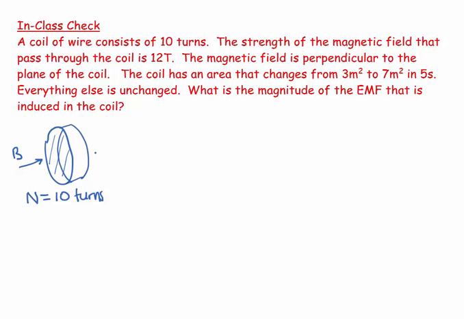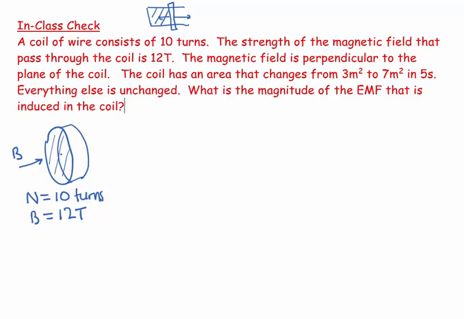So my B is equal to 12 Tesla. And then I have an area, and somehow I have a mechanism by which I can make this area get bigger or smaller. And in the book it talks about basically having a slidable rod, so this rod can move backwards and forwards, and so the area inside can change larger or smaller.